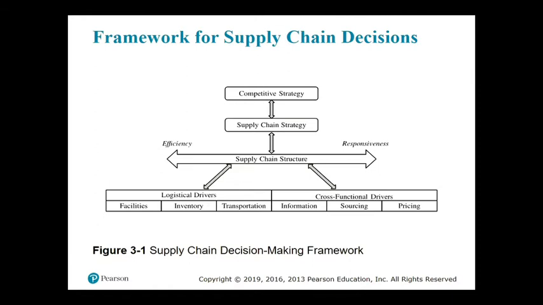Because a lot of the uncertainty is absorbed at the retailer level, and the customer mostly would be responsible for their own delivery, transportation is also focusing on more efficiency than responsiveness.